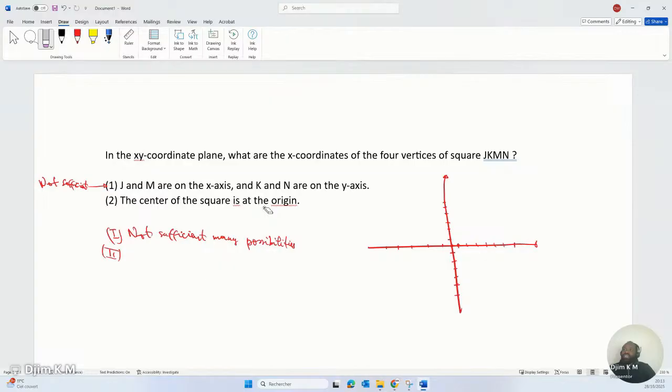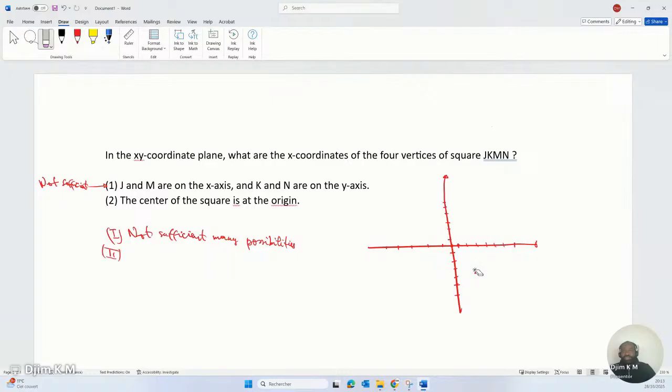Because here, if we don't take into account the first condition, J, M, K, and N can be anywhere. We only know that this is the center, so it could be something like that. It can be a square like this, or it could even be something much bigger. So we can have multiple possibilities here as well.